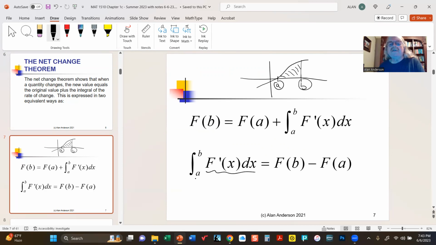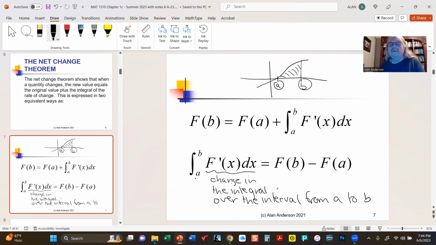This is meant to indicate the change in the integral over the interval from A to B. In fact, you could actually write this step in here.